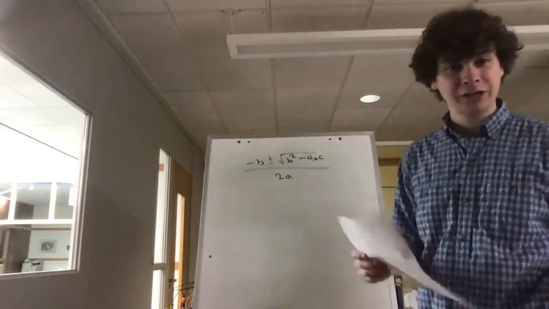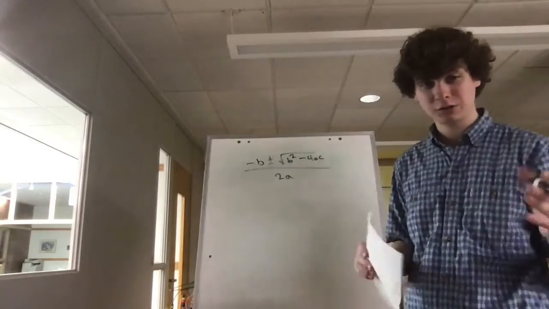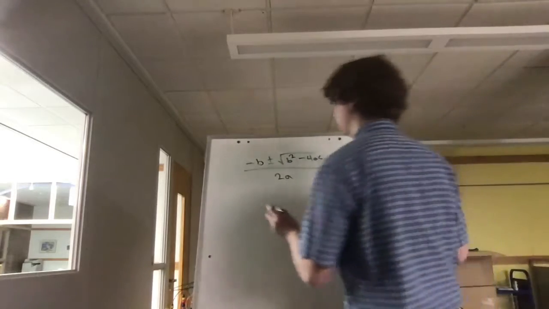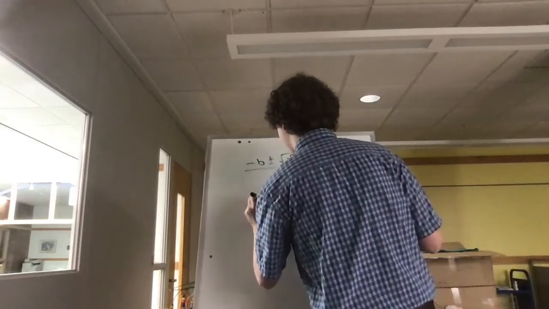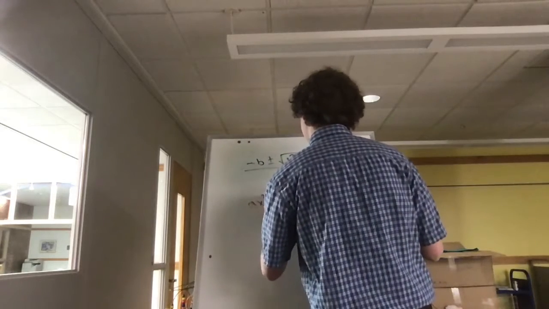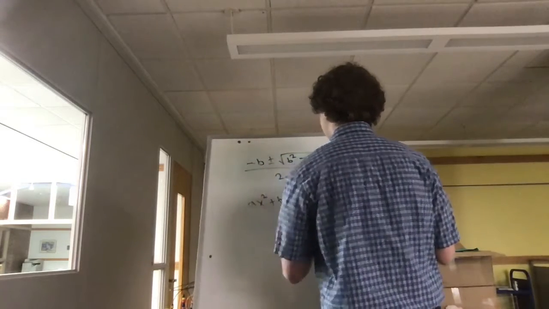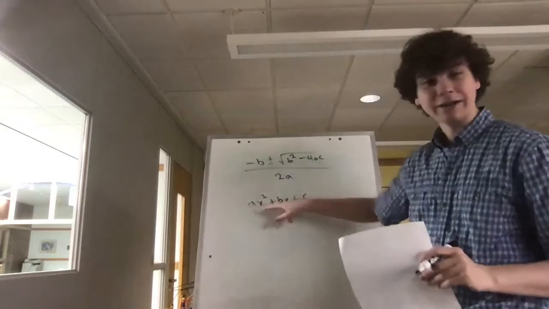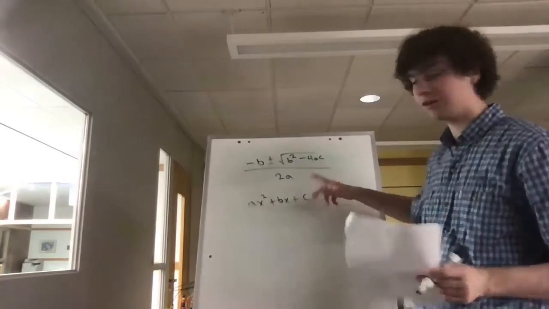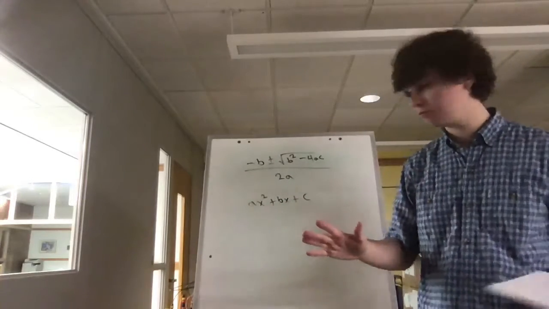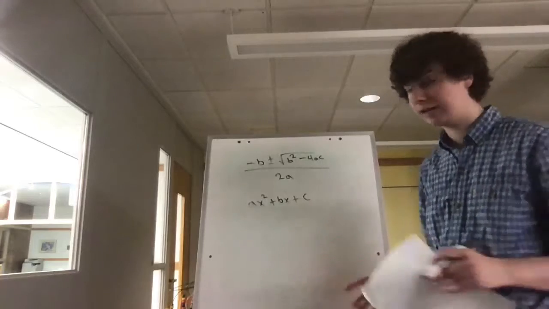So I'm going to write the generic form of the expanded quadratic equation. So that'll be ax squared plus bx plus c, where a, b, and c are all just numbers, any number, and we'll see that later, all right?